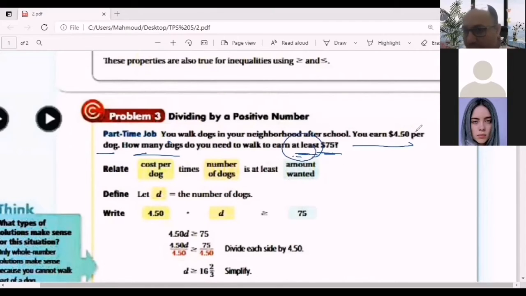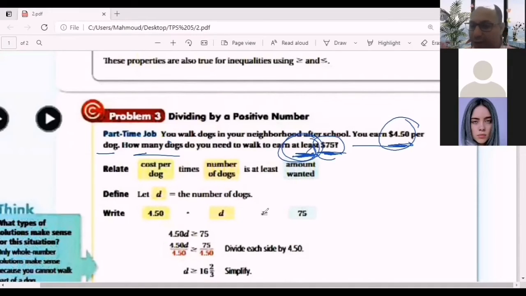We have at least, we have 4.5, we have this number $75. How can we write this sentence as a mathematical expression? We have the greatest number, the smallest number, and the words at least. We talked before about at least.